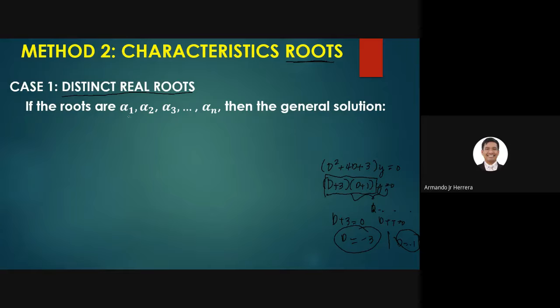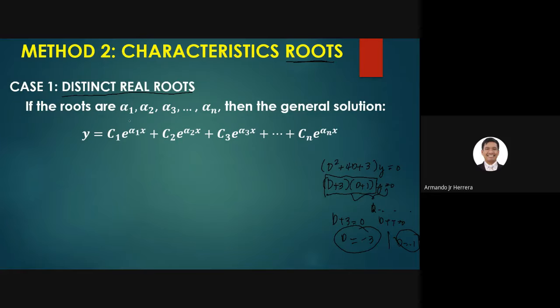So, if the roots are alpha 1, alpha 2, alpha 3, alpha n, depende kung ilang order or nth order. Syempre kung 16th order differential equation, ibig sabihin meron tayong a sub 16. Then the general solution is y is equal to c1 e to the alpha 1 x.